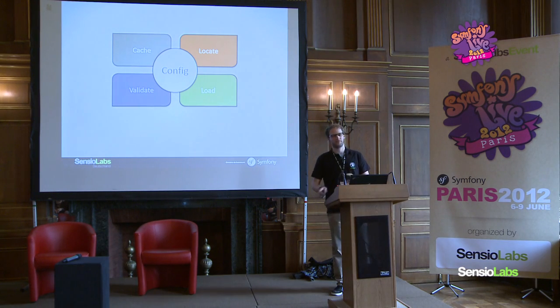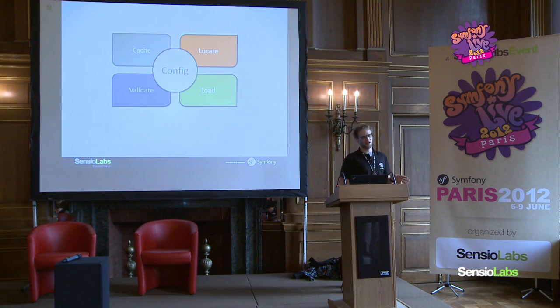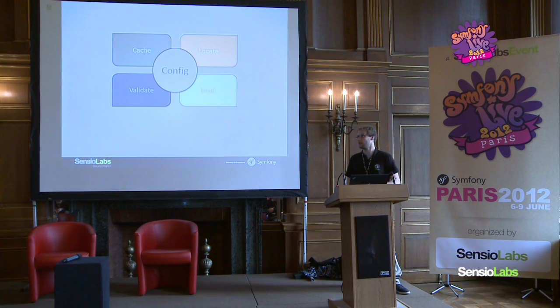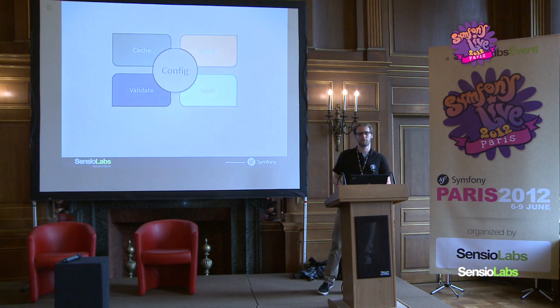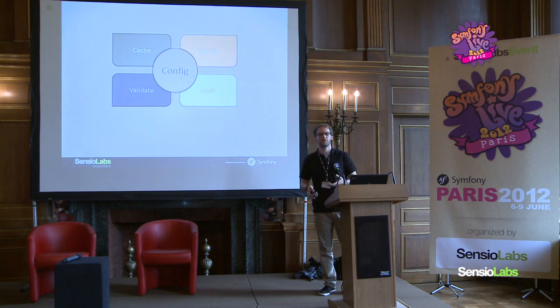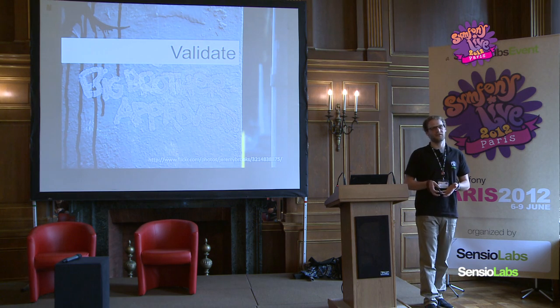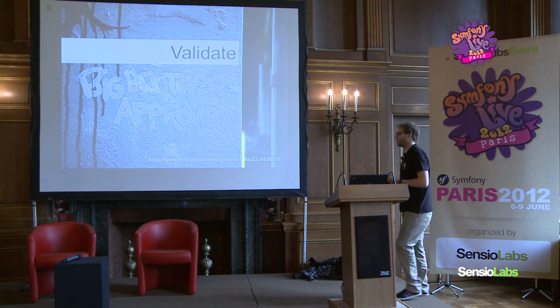So as we talked about the basic stuff of locating and loading, we are now going to focus on validating, because validating is the most important part of the config component for me. Validation is really important because you have to be sure that some options are really the type you're expecting.